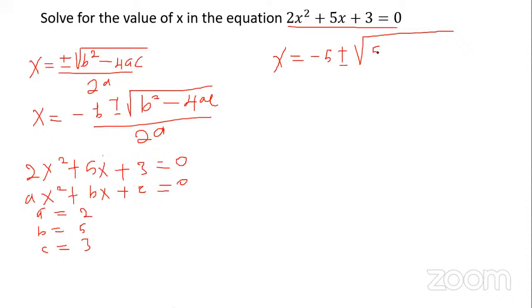Now here we say 5 squared minus 4 times a, which is 2, times c, times 3, out of 2 times 2.